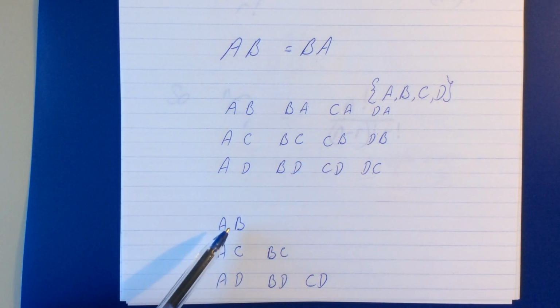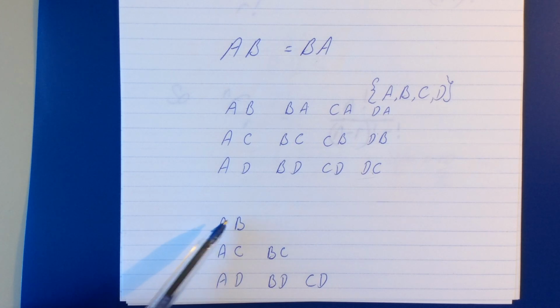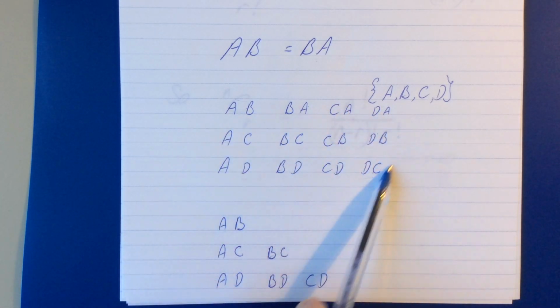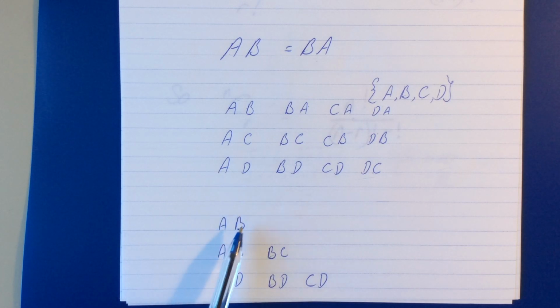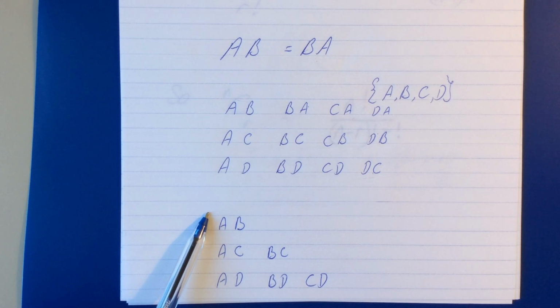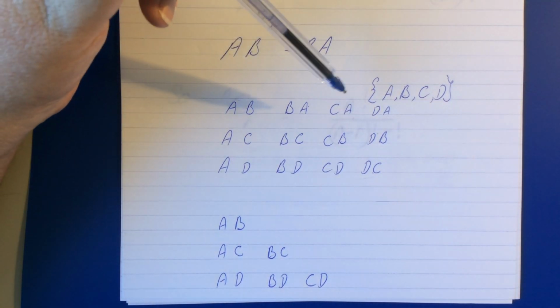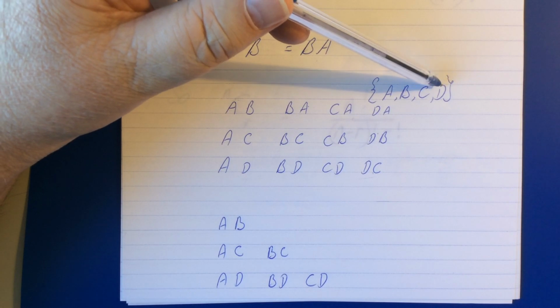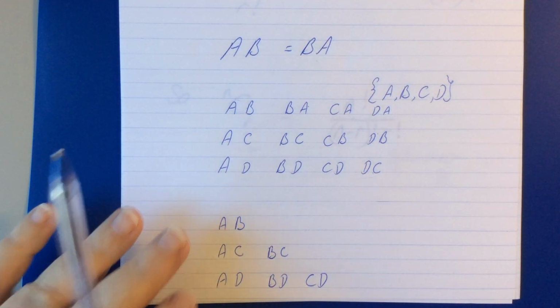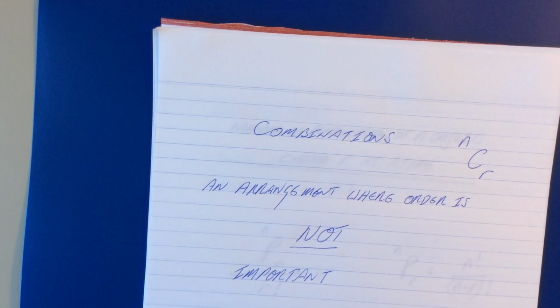So instead of there being 12 in this group, that number is considerably reduced. In this case, it's halved. There are 6 possible combinations of the letters A, B, C, D where order is not important. First important lesson.